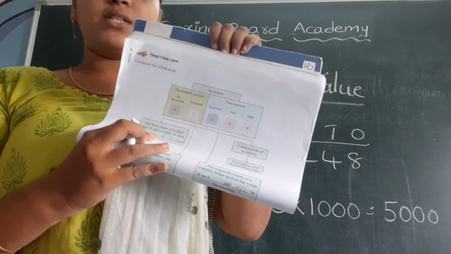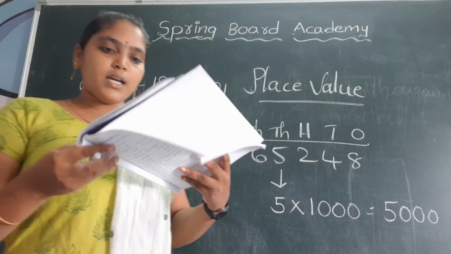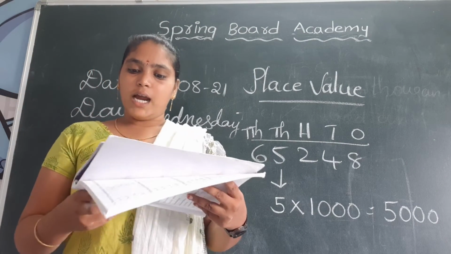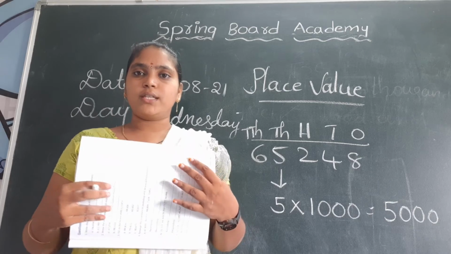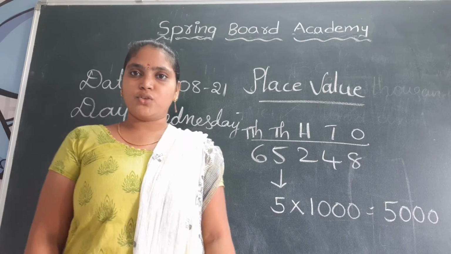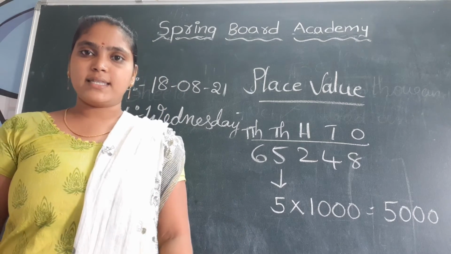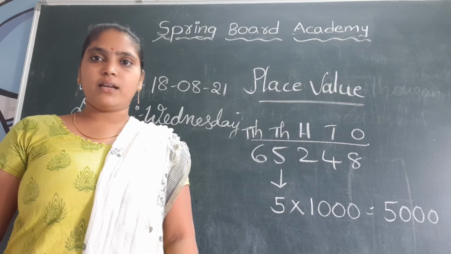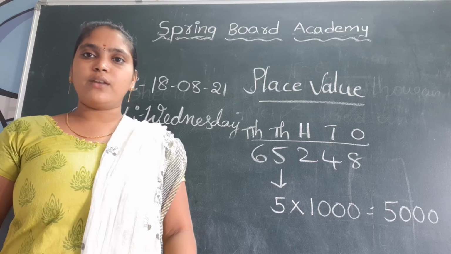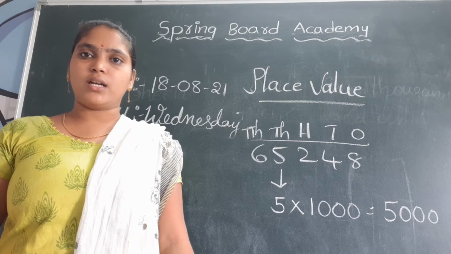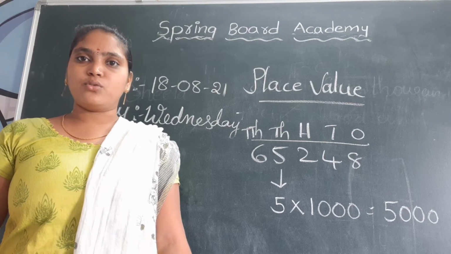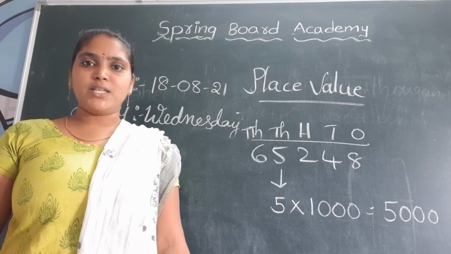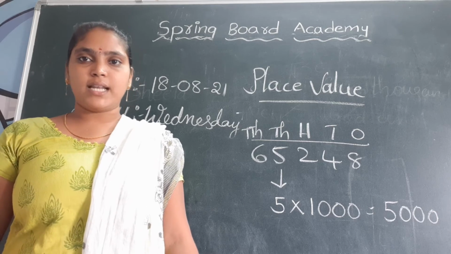Next, comparison of numbers and descending order. We know that we compare numbers using three symbols: less than, greater than and equal to. Where do we use less than, children? When we compare two numbers and the first number is smaller, you place less than.